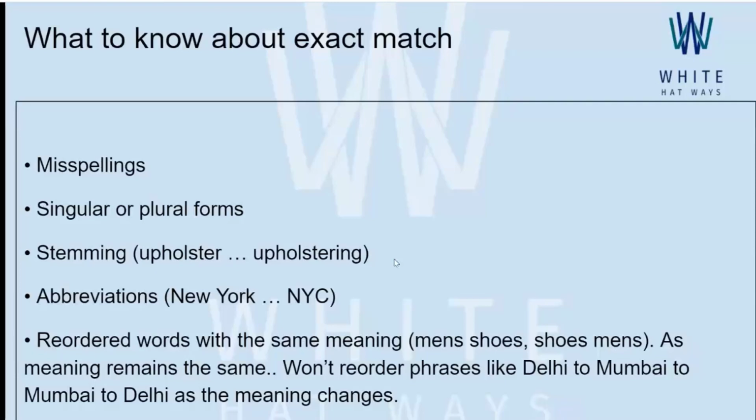All these misspellings, singular, plural, stemming, abbreviations are not considered when negative keywords are used in exact match. So imagine how smart Google is. While people are using wrong keywords, when somebody has spelled a negative keyword wrongly, free used as fee, it would still get to see the ad. Why? Because the negative keyword has to be exactly matching.